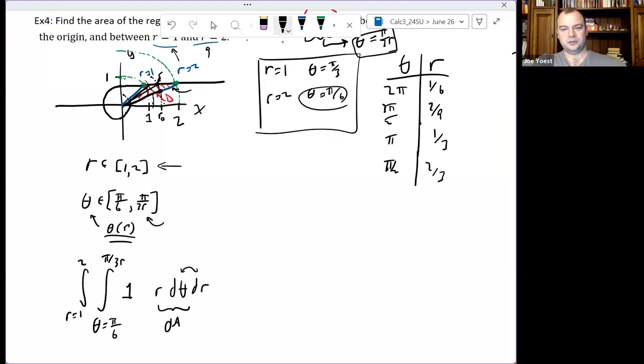Just like before, I can factor the r in the integrand out of the theta integral, no problem there, but I can't pull the two integrals apart completely because the theta integral's upper bound depends on r, and that needs to be taken into account in the r integral.